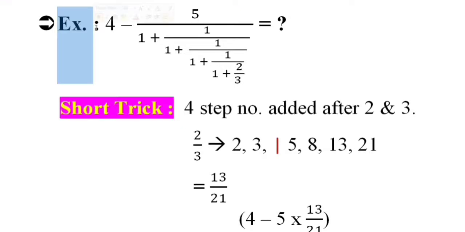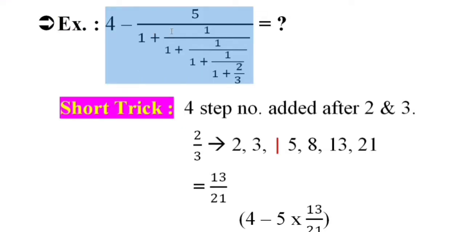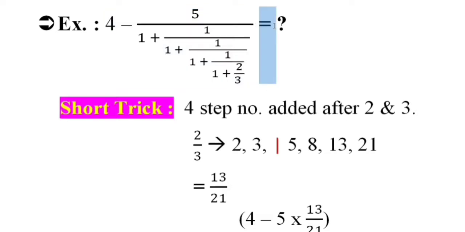Example: 4 minus 5 by 1 plus this problem equals what?